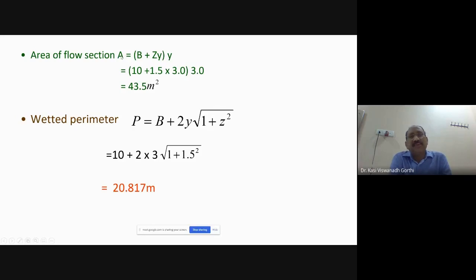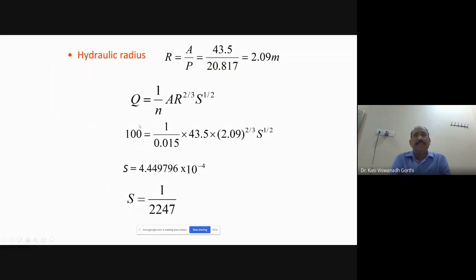Next is hydraulic radius. Hydraulic radius R would be equal to A by P, and you got 2.09 meters. Then the discharge Q: substitute all these values that you have obtained. Q is equal to 1 by N, A, R power 2/3, S power half.